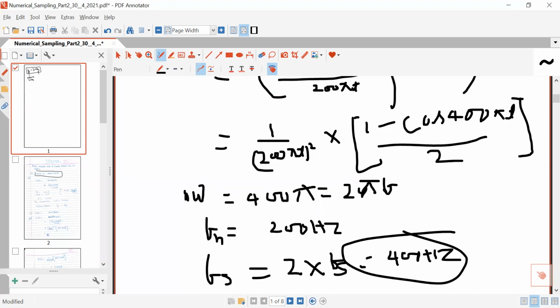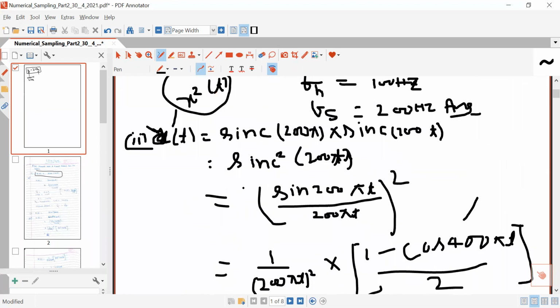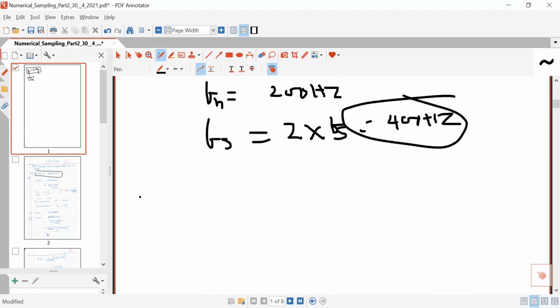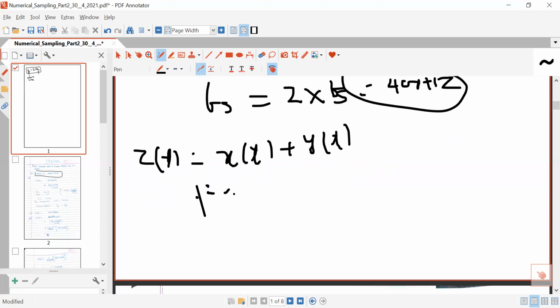Now I am going to consider one more example based on this Sinc function. Now what I am going to do is just add these two signals, xt plus yt. xt means Sinc 200t, and yt is Sinc square 200t.